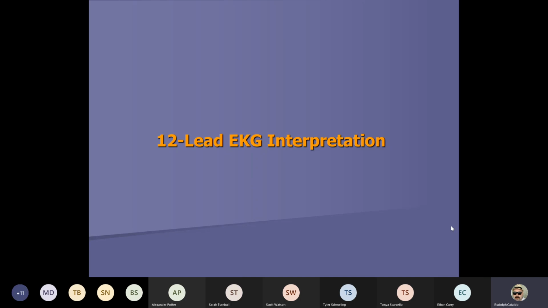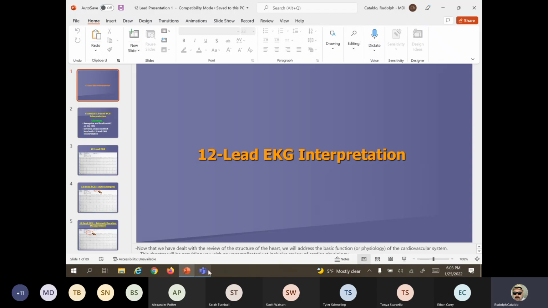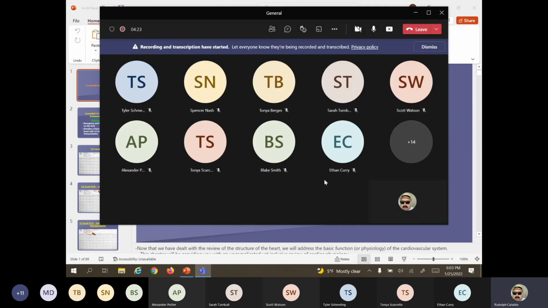Now, this is a very, I don't want to say quick process. Once you've been doing it a while, you can look at a 12 lead and read it pretty quickly, but it takes a lot of time to learn which order you're going to read a 12 lead in. So please don't feel like you are going to learn it all in one night.